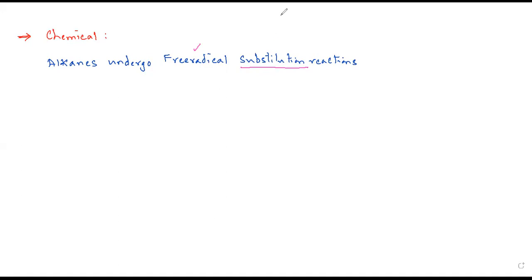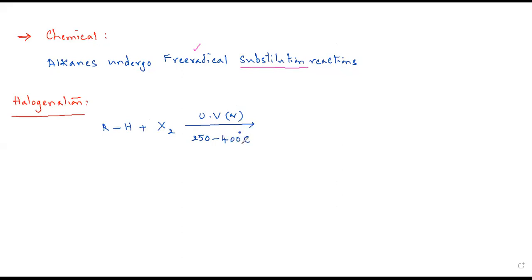Okay, now let us straight away go for halogenation. Right. What is halogenation? The alkanes react with the halogen in the presence of sunlight or UV light or at high temperature, 250 to 400 degrees centigrade.